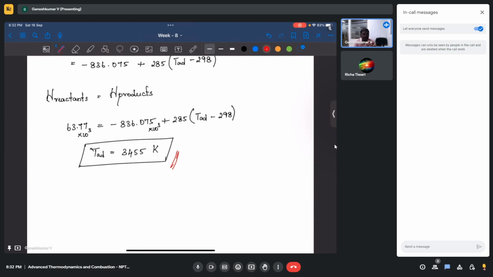If you want to find a more realistic value of T adiabatic, you need to solve the KP equations, consider the equilibrium, minimize the Gibbs free energy, and find all the product composition.